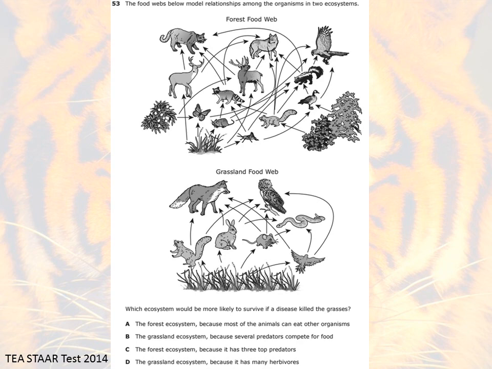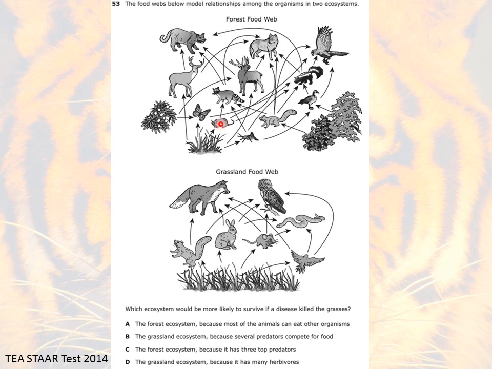If we were to completely eliminate the grass, go back to the top to the forest. Would that be bad for the butterfly? Well, the answer is kind of. He gets his food from two different places: the grass, and the berries on the bush or whatever this is over here. So he's not completely eliminated.